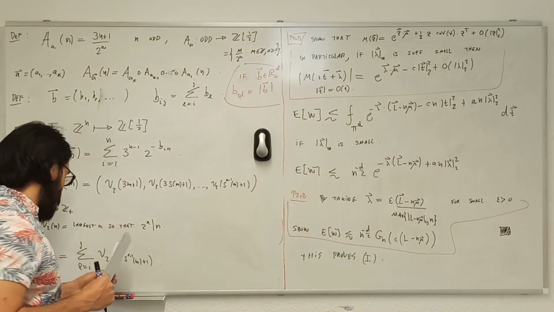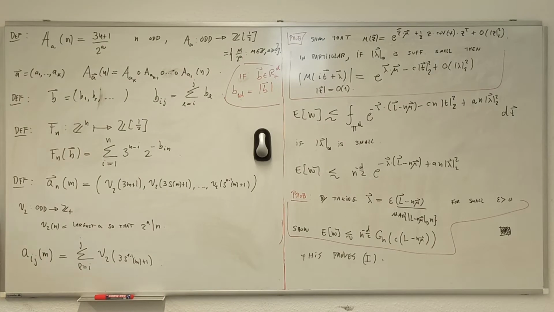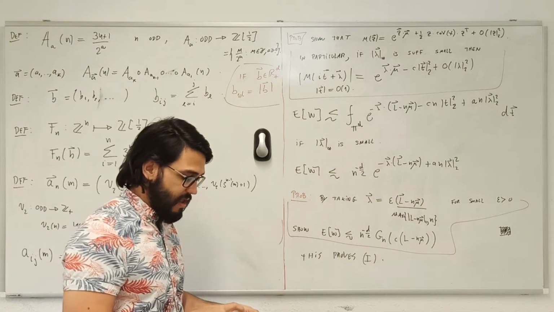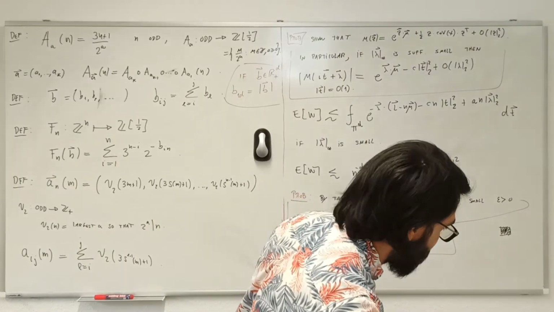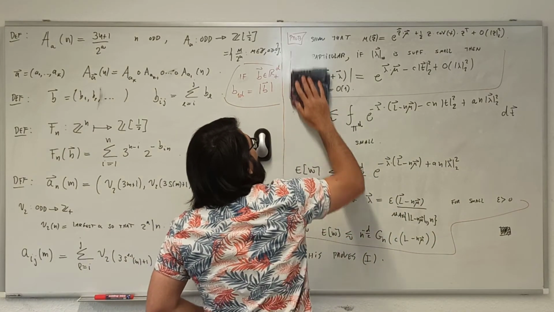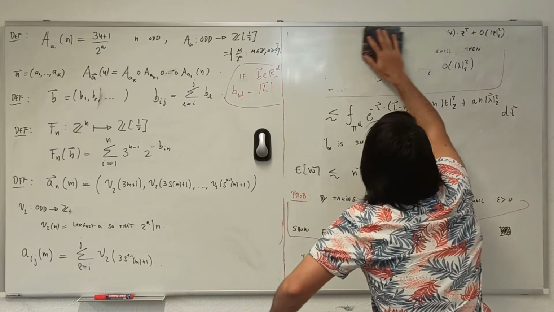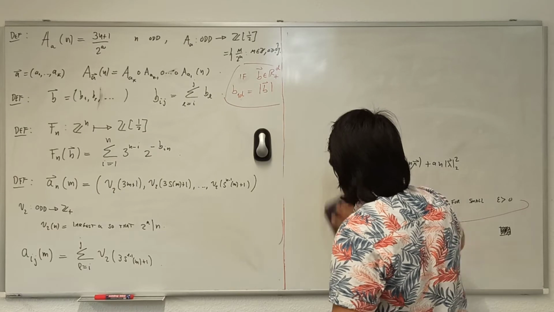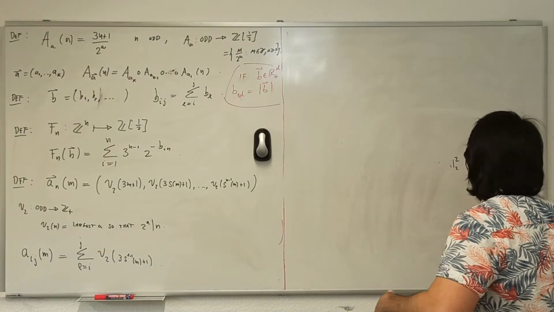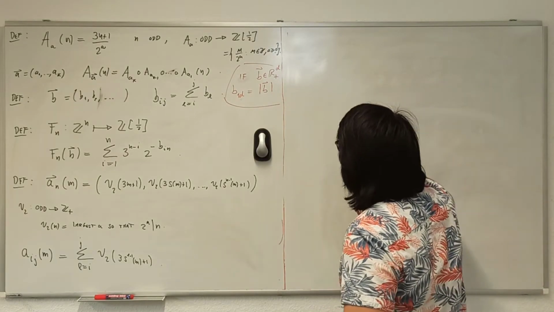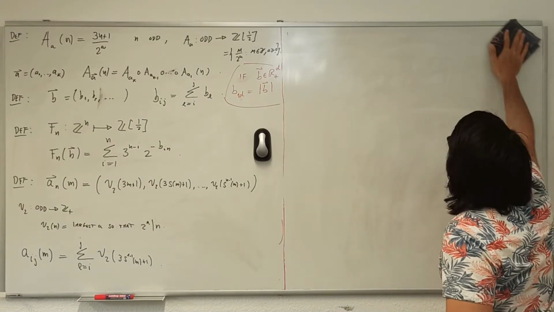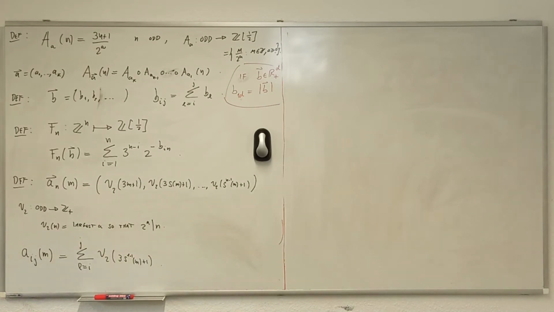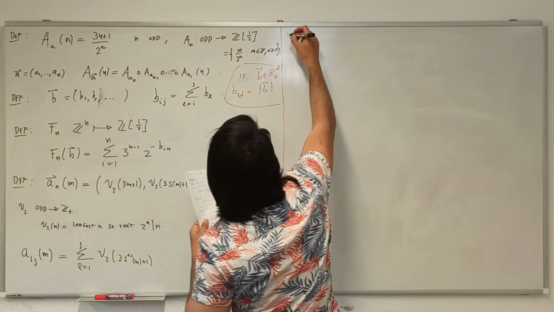Okay. Now we state a problem, and this problem is very similar to the stuff we did in Crandall's paper, if not some parts identical. So I will leave it as a problem. So problem.